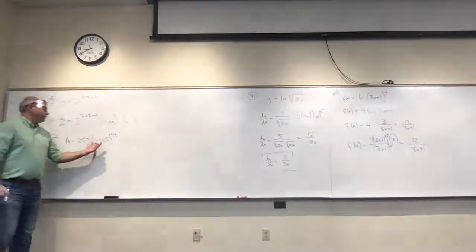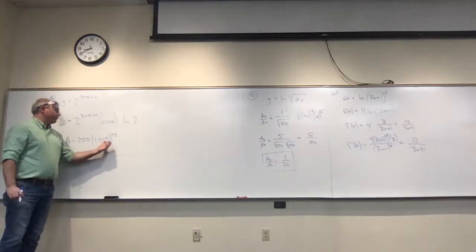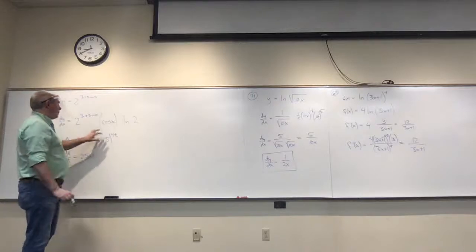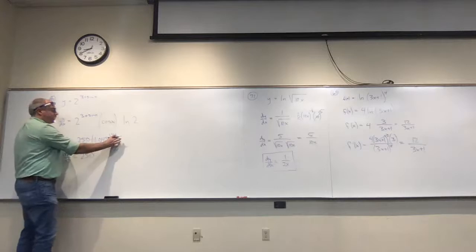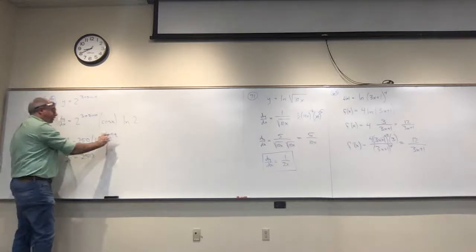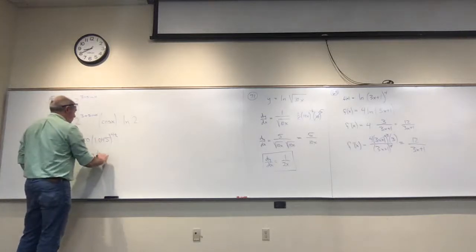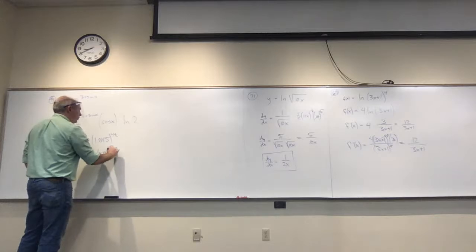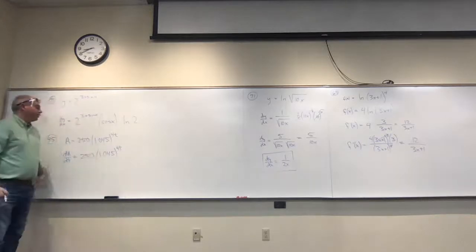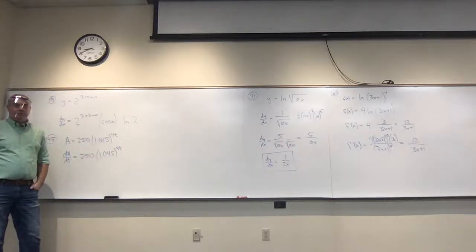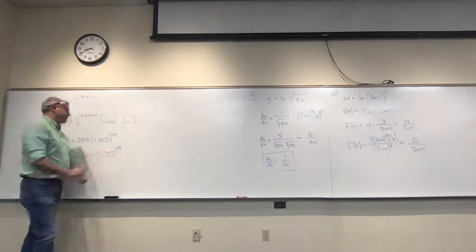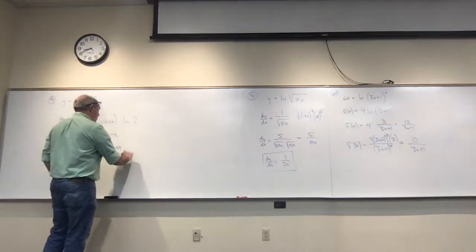And then I need to take the derivative of 1.045 to the 4t. If I have a base raised to an exponent that has variables in it, so I have an exponential, I just rewrite it. So 1.045 to the 4t. And then I need to multiply by the derivative of the exponent, by the chain rule. And the derivative of 4t is just 4.